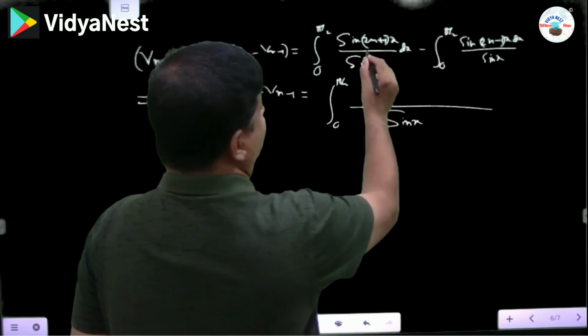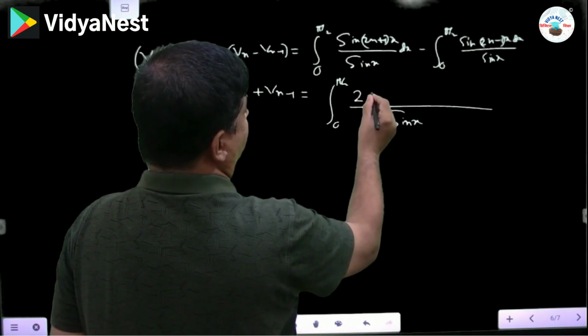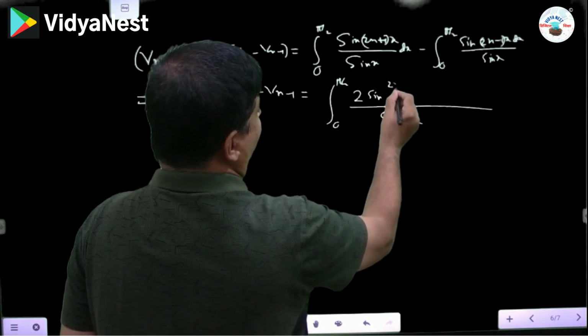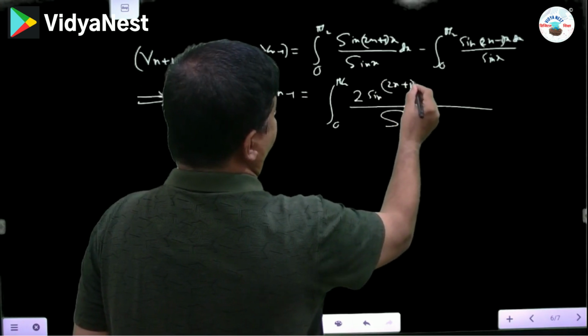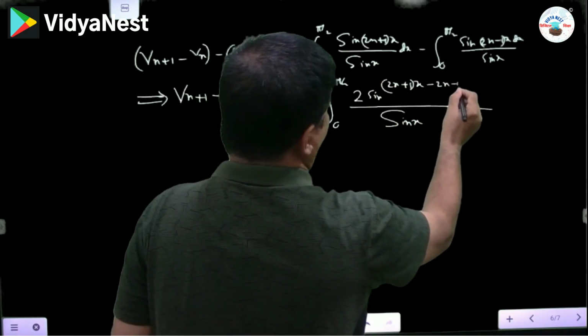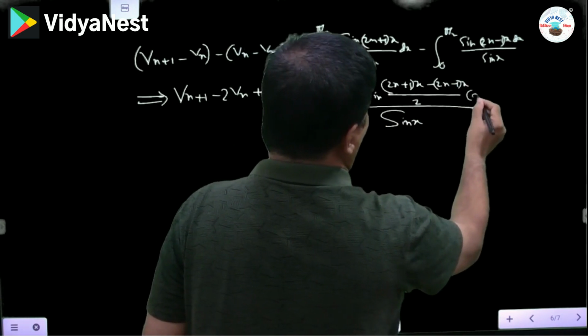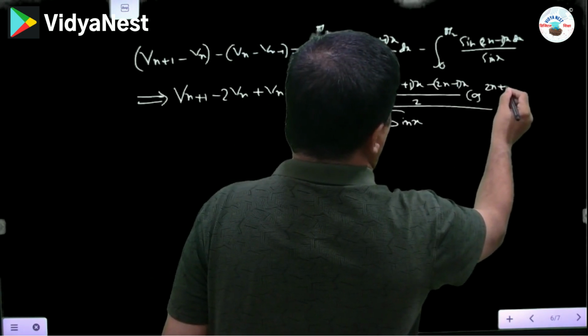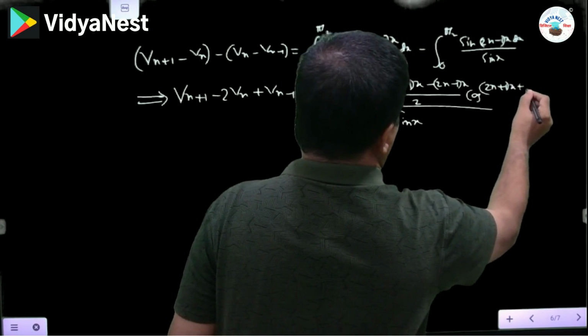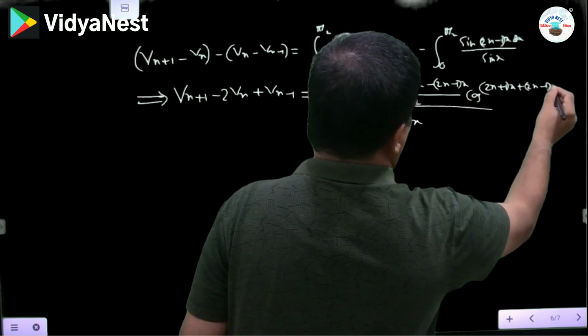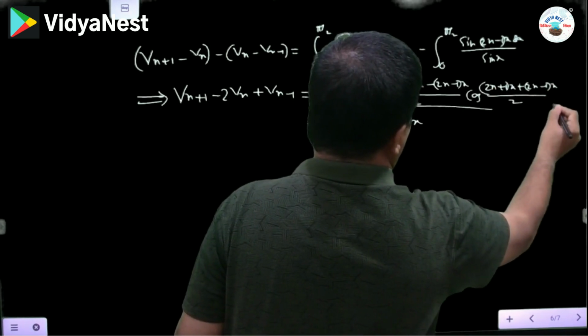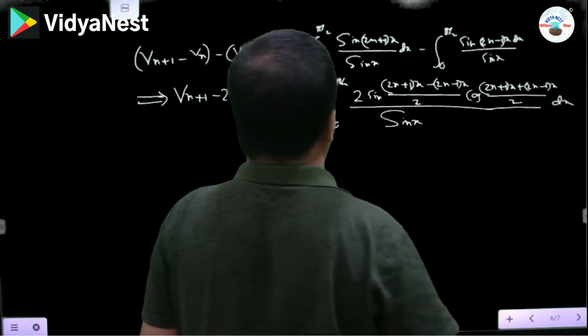Sin c minus sin d, 2 sin, very known property for you, sin c minus d by 2 cos c plus d by 2, whole dx.